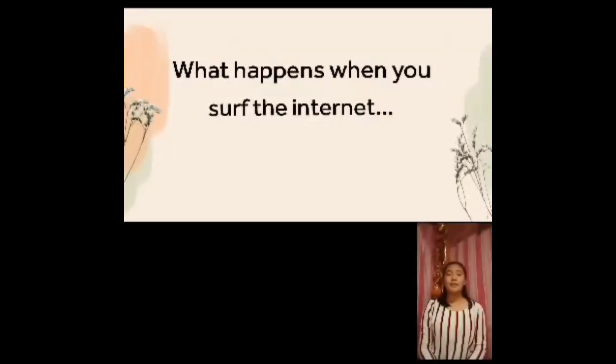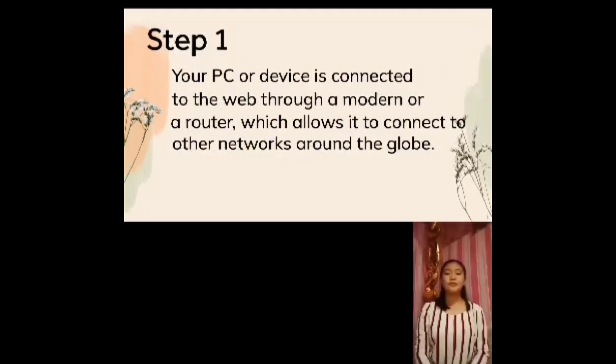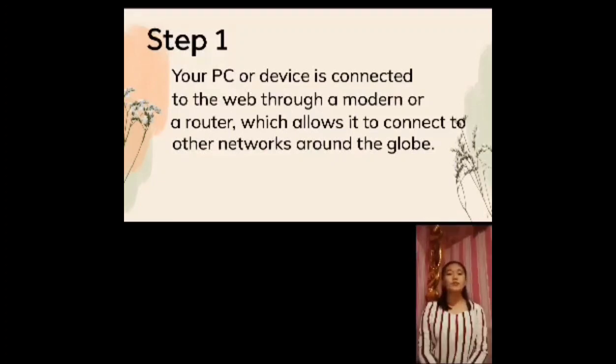So what happens when you surf the internet? There are 6 steps. Step 1. Your PC or device is connected to the web through a modem or router, which allows it to connect to other networks around the globe.